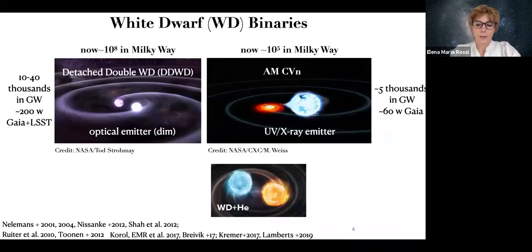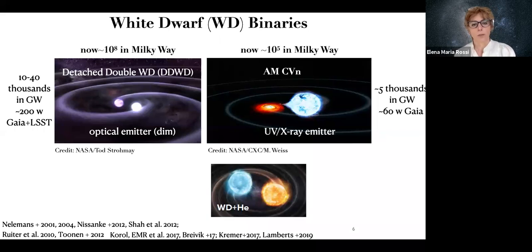So I work on Gaia, but as you know, I also work a lot in gravitational wave astrophysics. So for me, it was natural to think about gravitational wave sources and what gravitational wave information can add to this game. Which sources am I talking about? Binaries with white dwarfs.